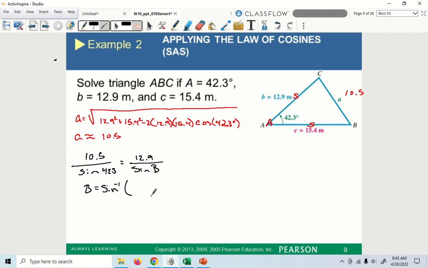Now, big brain here. What would I put in here? 12.9 sine of 42.3 over 10.5. Now, if you've been doing this over and over again, you should have this pattern down by now.